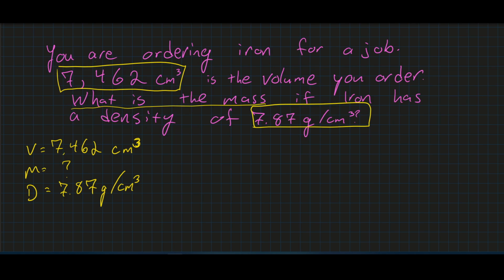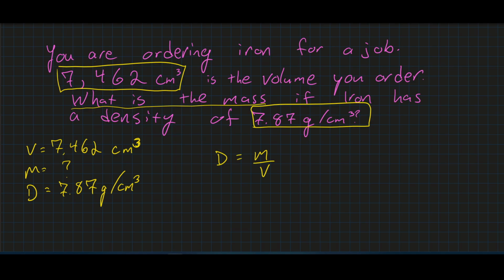Now, we can do some fancy math and all that, but it's easier to start the equation from an easy setup. So let's take a look at our equation. D equals m divided by v. Density is mass divided by volume.